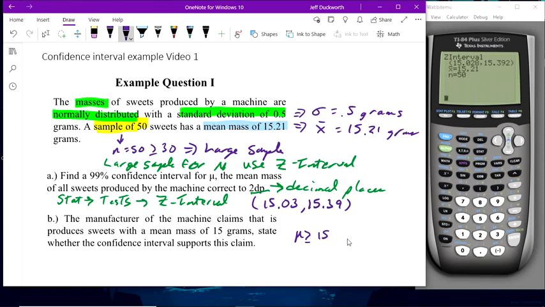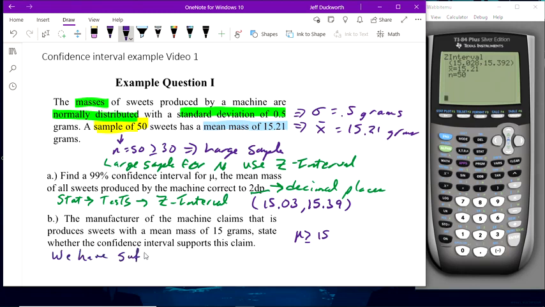So we're looking for the mean is at least 15 grams for this. Well, let's take a look at our interval. This entire interval is above 15, which means that there's an infinitesimal chance that they're going to be able to get a sweet that has less than 15.